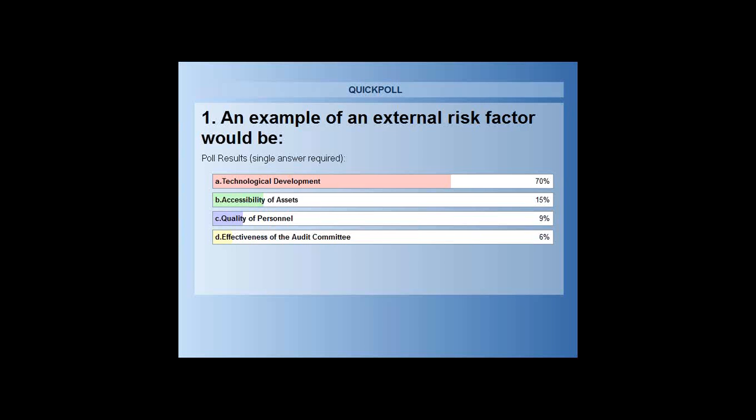And it's an external factor, but you can respond to it. The accessibility of assets, we can lock them up. Quality of personnel, you can train your people, you can employ good people. And the effectiveness of the audit committee is very much an internal factor. If your audit committee is not performing, you replace your audit committee.